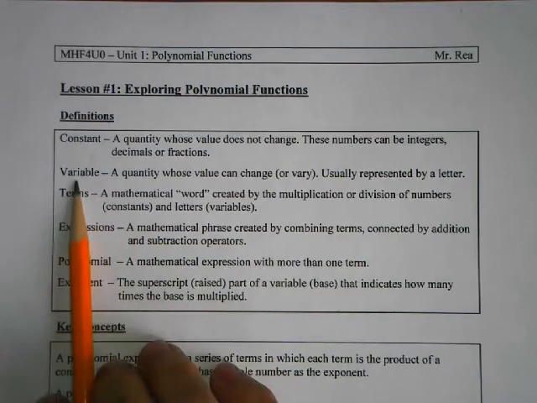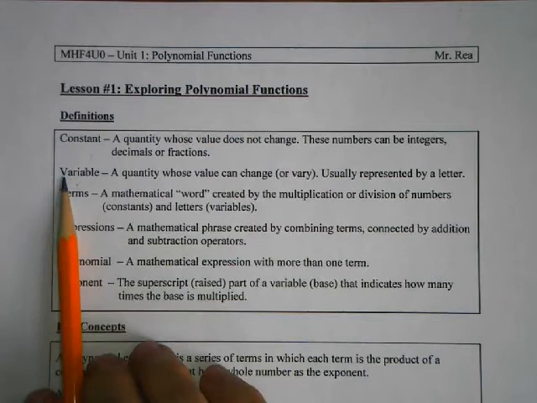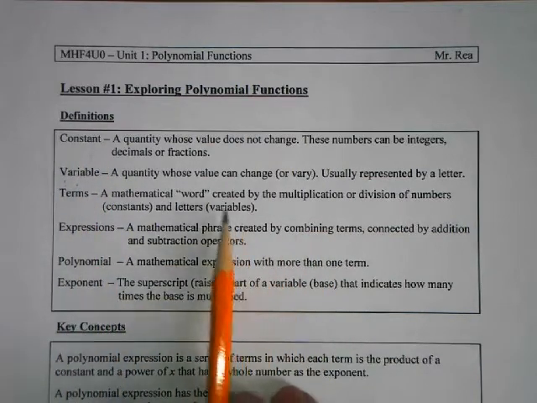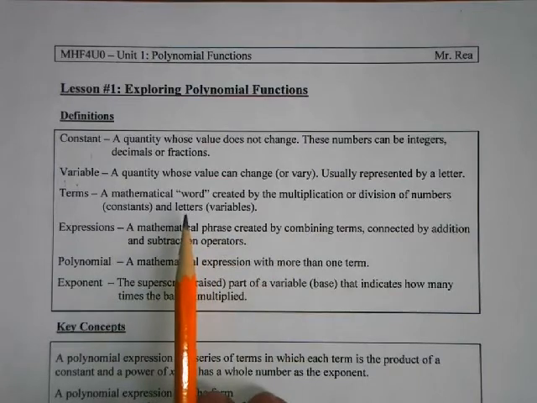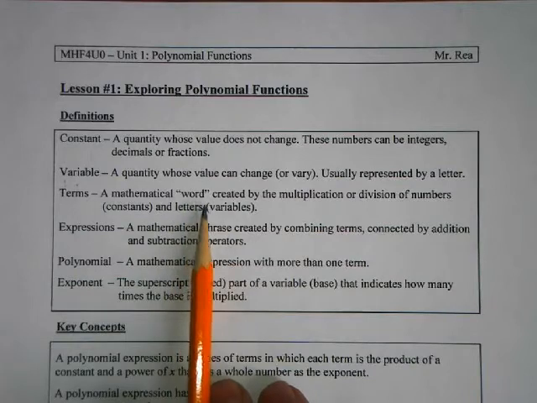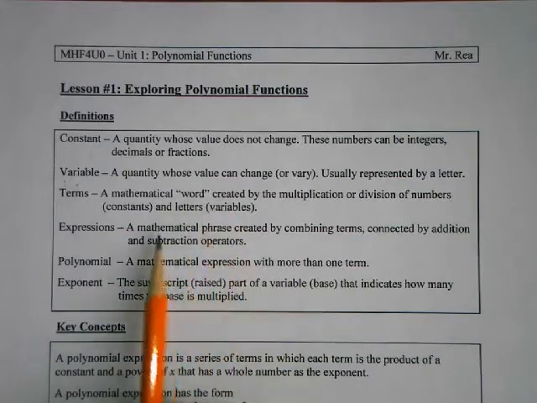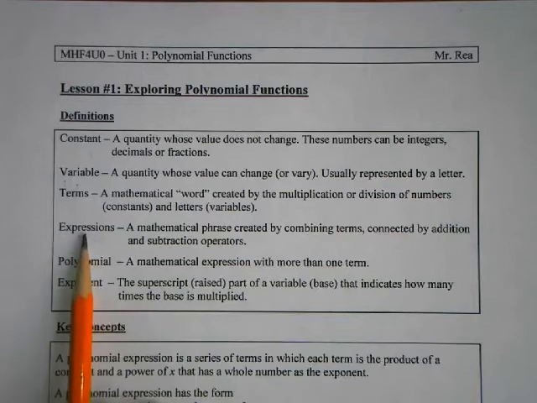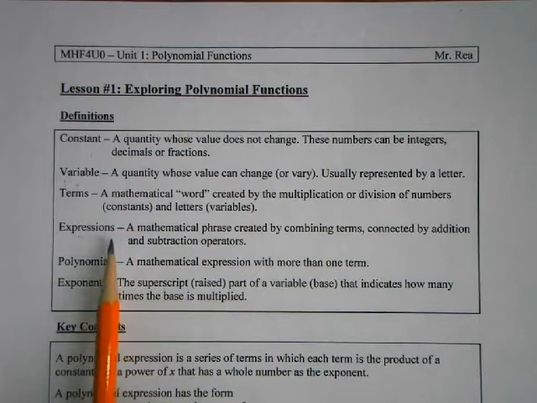A term is a mathematical word, and it's created by taking a product, or a multiplication, of a constant and one or more variables. For example, 2x is a term. Negative 3/2 x squared is a term. 24xyz is a term. Then you take the terms and add or subtract one or more of them to create a mathematical expression.